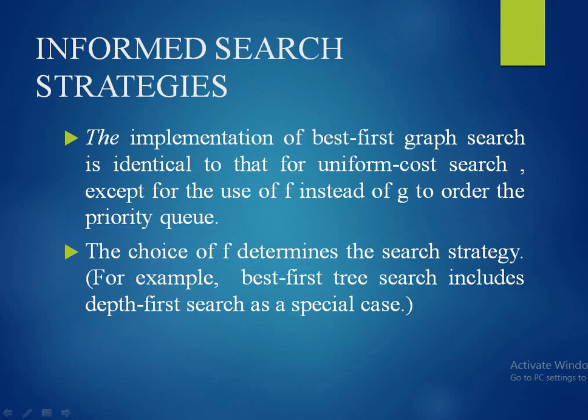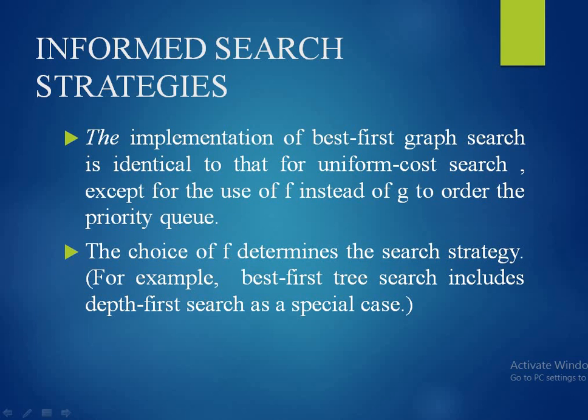The implementation of best first graph search is identical to that of the uniform cost search. The uniform cost search is a type of uninformed search which we have explained in our earlier video.